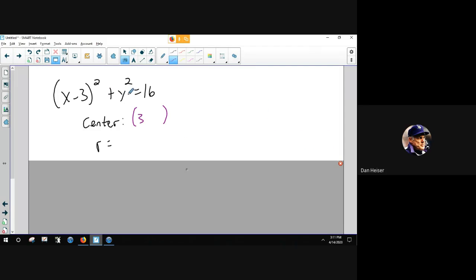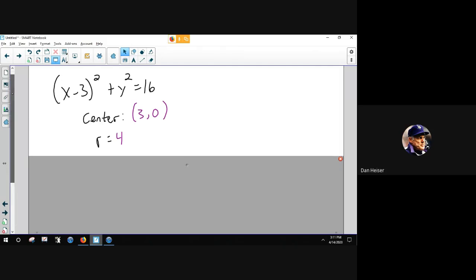So we're not subtracting anything. Therefore, the number is 0. The center of this particular circle is (3, 0). This is the radius squared, so the radius is 4. Next example.